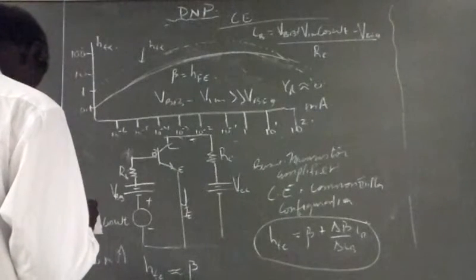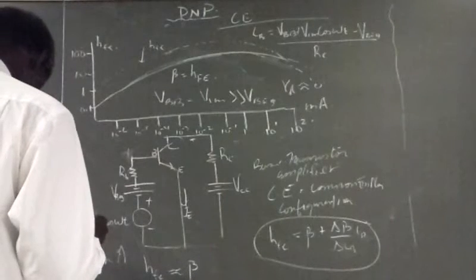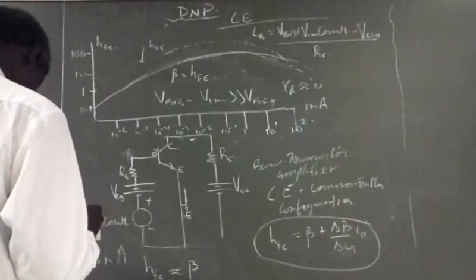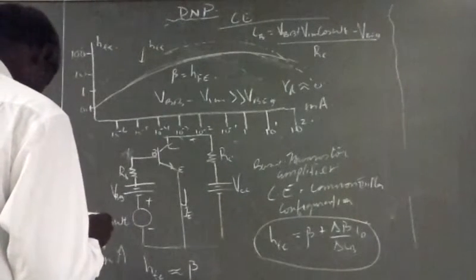Since linear operation with no distortion is assumed, I_B will consist of both an AC and a DC component.